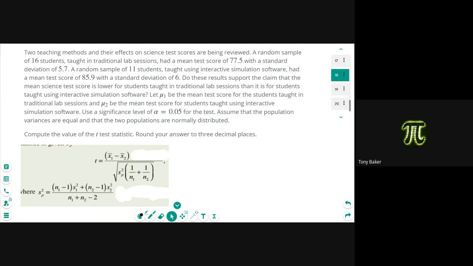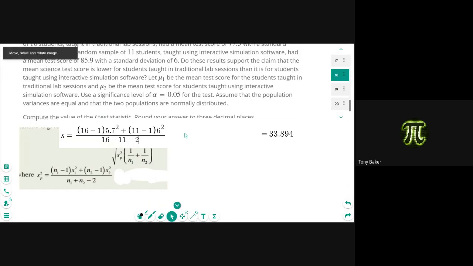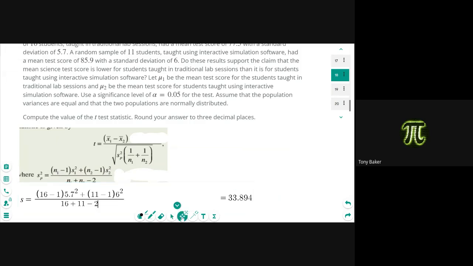And then we had 16 plus 11 minus 2. So that's what they get for us. Yes, don't forget the squares.